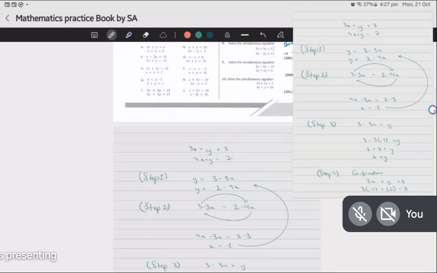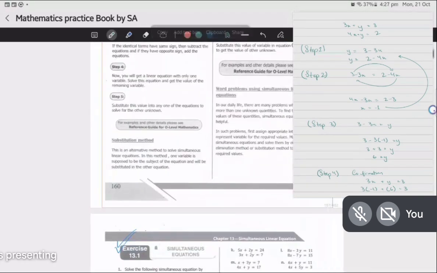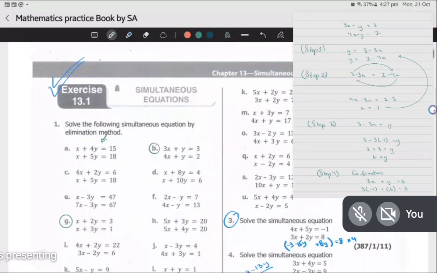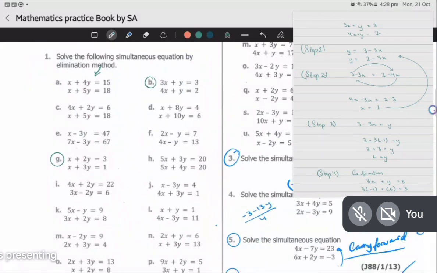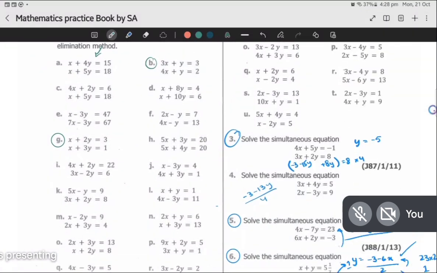Okay. So you can see the solution. Okay. Now try solving G and give me the values for X and Y. Try solving it within time.